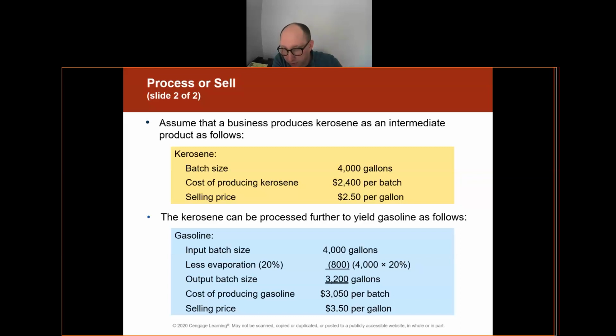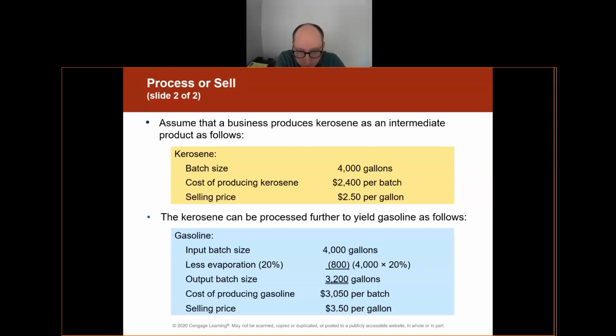When I make the leap from kerosene to gasoline, I'm going to lose 20% of it through a process called evaporation. Evaporation is when a liquid becomes a gas. I lose it through the air, through the atmosphere. That's a naturally occurring process. So, 4,000 gallons times 20% is 800 gallons. 4,000 gallons minus 800 gallons is 3,200 gallons output.